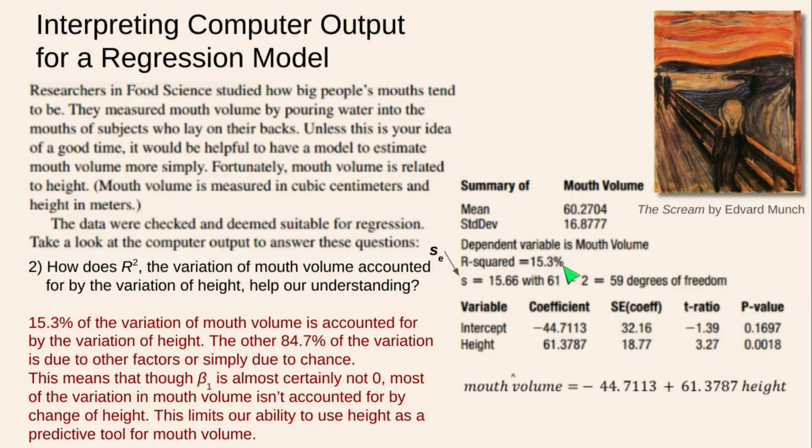It limits our ability to use height as a predictive tool for mouth volume, all right? Is it a helpful predictive tool? Yeah, but there are limits, all right? A lot of the variation in mouth volume is not accounted for by height, and so we need to be careful there.